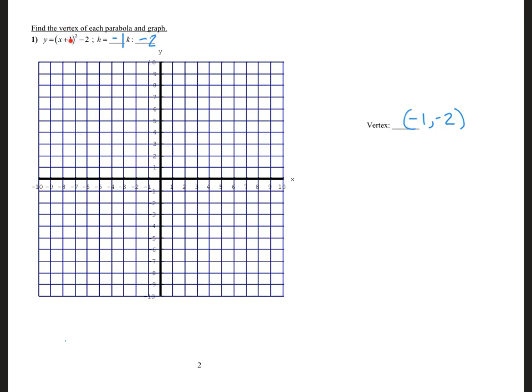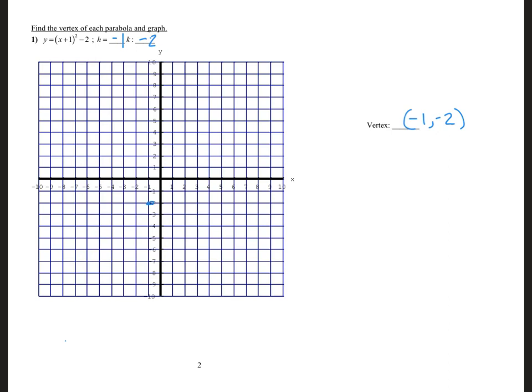Remember, this is h in here, so you always switch that, so that's the vertex. Now I'm just going to use my vertex, (-1, -2). So where is that? Right there is my vertex.